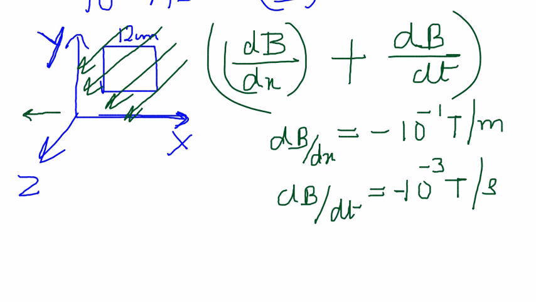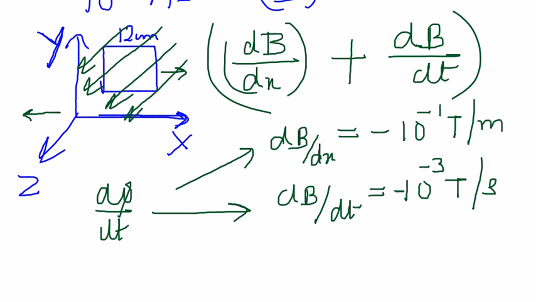So as the loop is moved towards the positive x direction, flux d phi dt due to dB dx is decreasing, and flux due to dB dt is also decreasing.